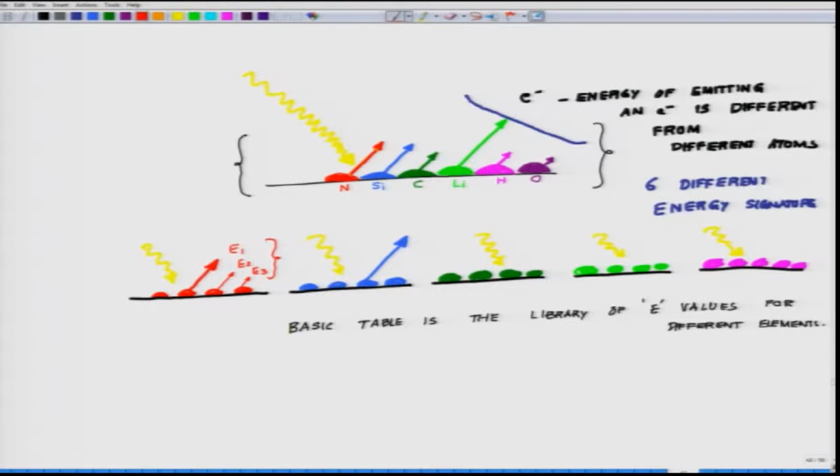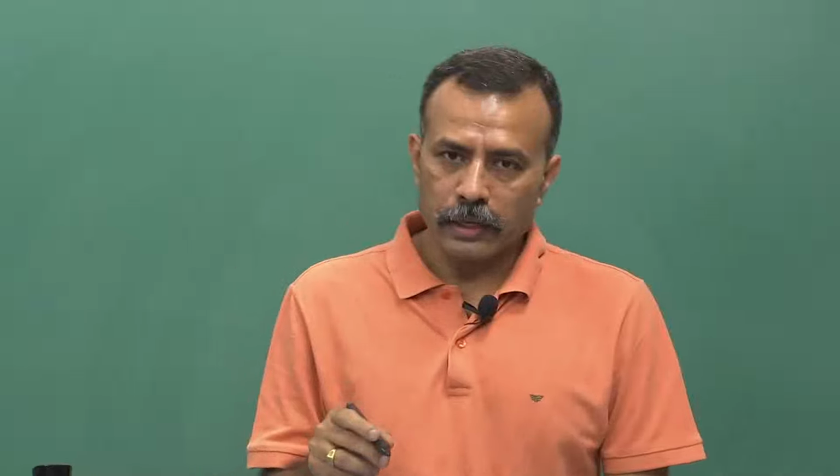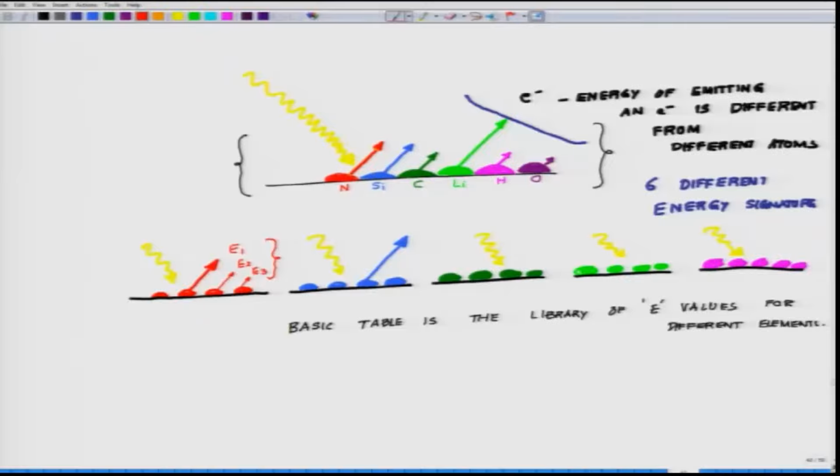But remember, it is a surface phenomenon. It is not going to tell you anything about the bulk material, and we are not concerned about the bulk. Suppose this is the material, and I am hatching the lines: this is the whole bulk of that material. I am not bothered about the bulk property, only about what is happening on the surface.